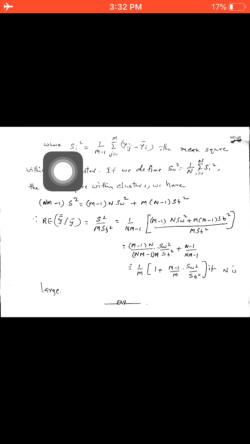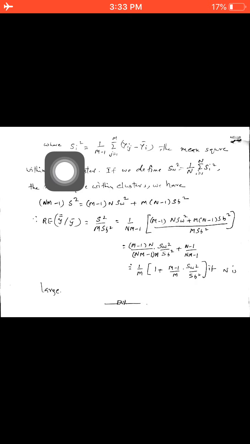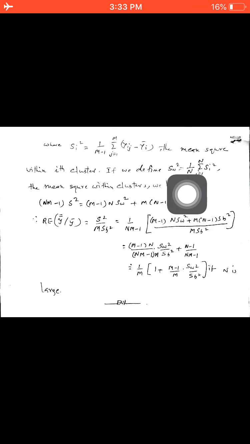What is the difference between S_i square and S_W square? S_i square is regarding the ith cluster and S_W square is regarding all clusters. So S_i square is the mean square within the ith cluster and S_W square is the average of all such S_i square. So this can be called the mean square within all clusters.